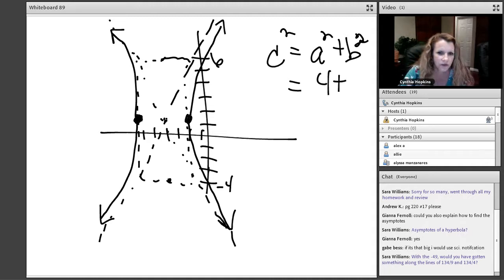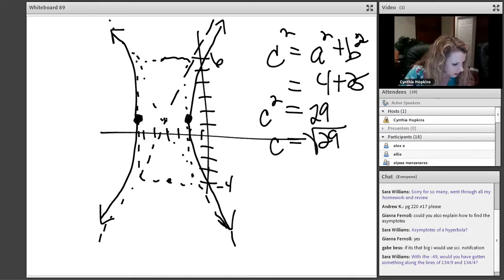If you want to write 25 plus 4, that's fine. We're both going to get 29. So c equals the square root of 29, and that is approximately 5.4. And the only reason I need that is to be able to plot my foci.